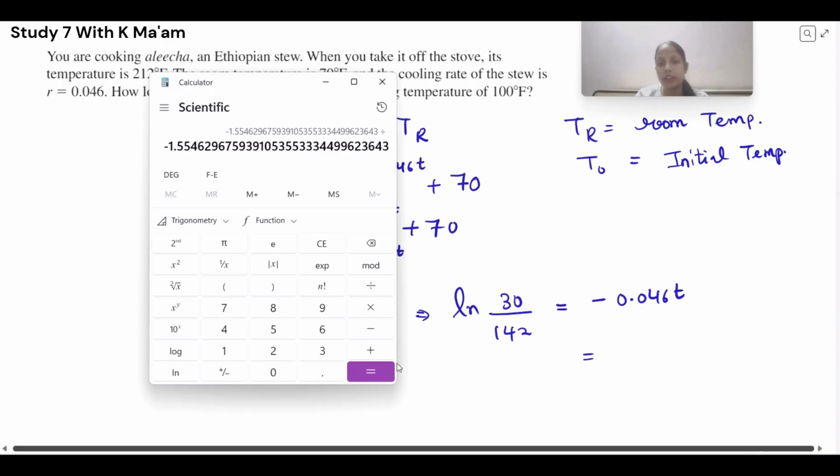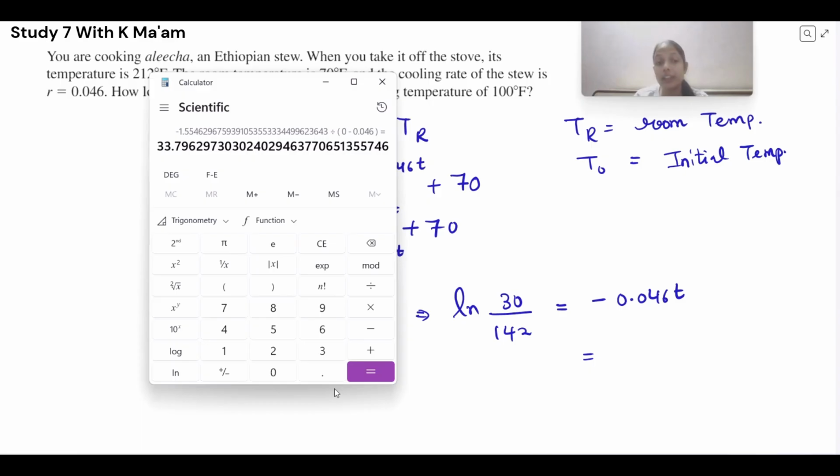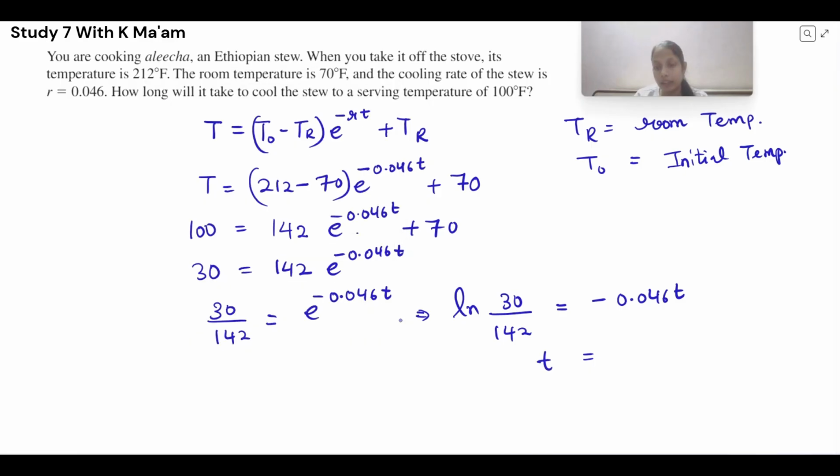Divide this by negative 0.046. So we are getting 33.79. t is 33.79. This is the time. Okay, we are getting the time here. So this is what you have to calculate. You are taking 33.76 time to cool down the temperature of the stew to 100 degrees Fahrenheit.